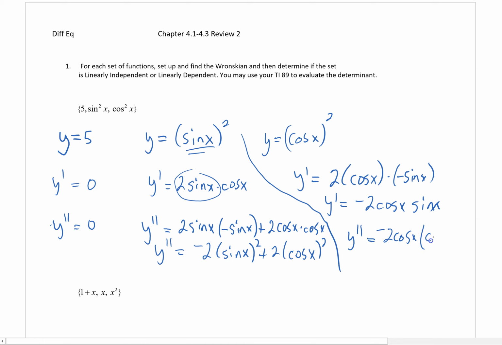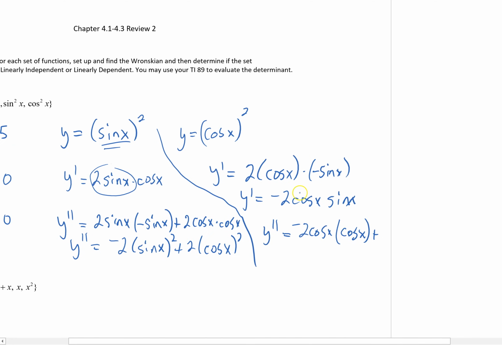The derivative of sine of x is cosine of x. And then we'll say plus, we're going to have to take the derivative of this negative 2 cosine of x, which will be a positive 2 sine of x. And what are we going to be left with? Well, a negative 2 cosine of x squared. And here we'd have a 2 sine of x squared.